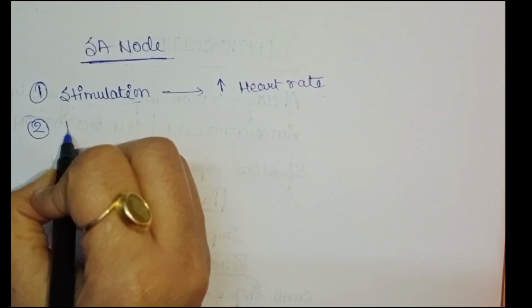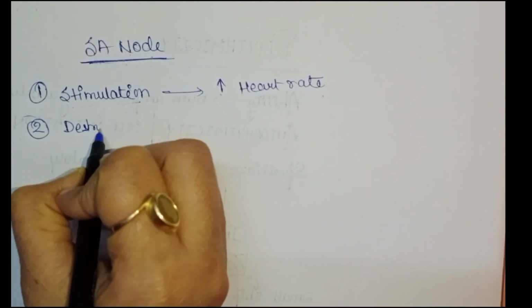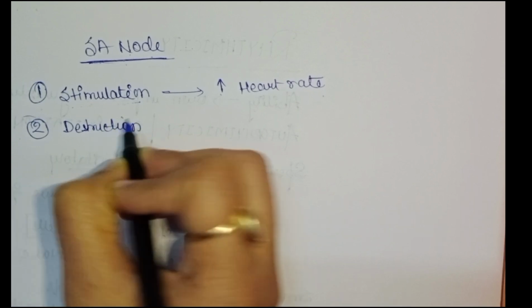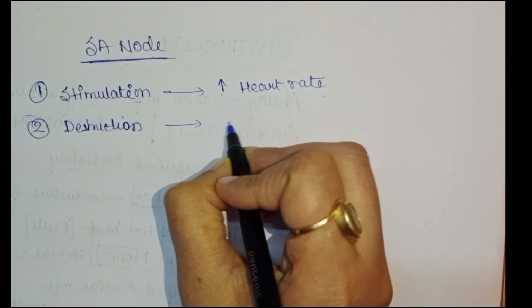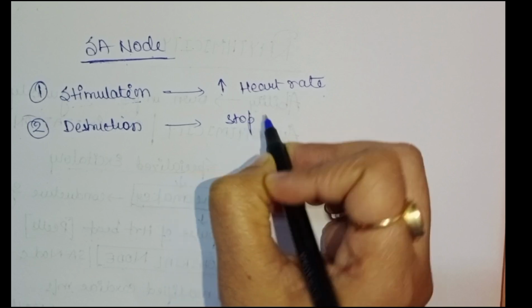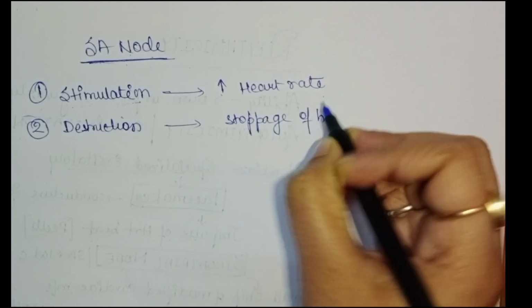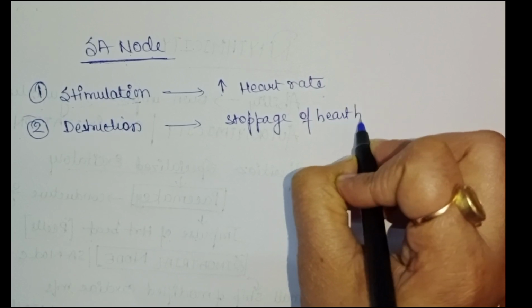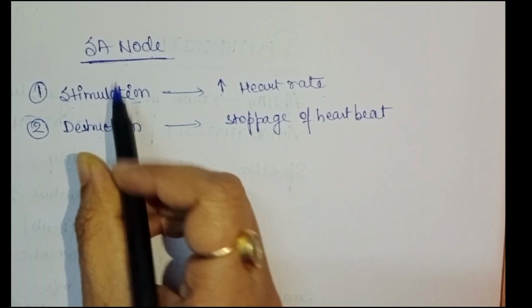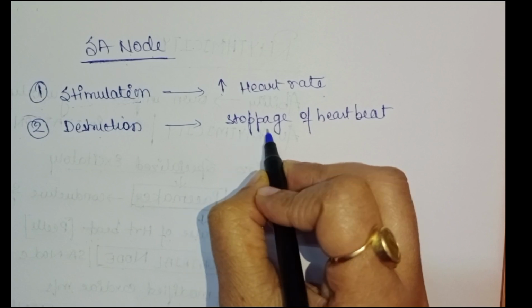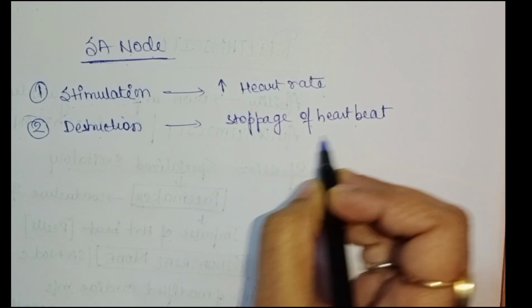Second, destruction of the SA node causes immediate stoppage of the heart. If you destroy the SA node, there is immediate stoppage of the heartbeat.